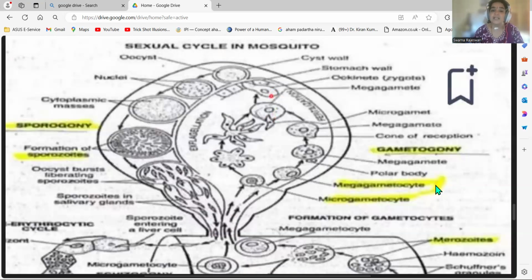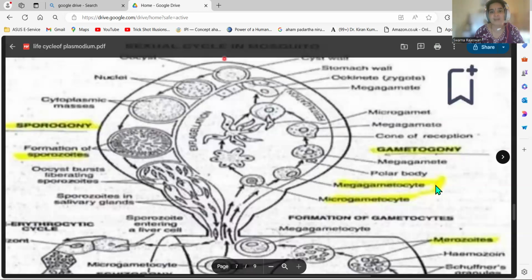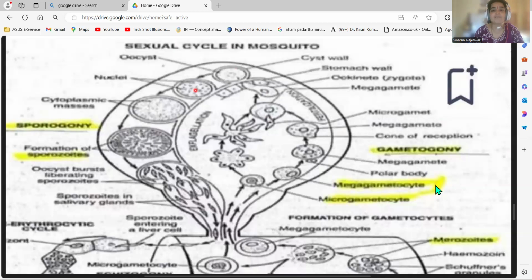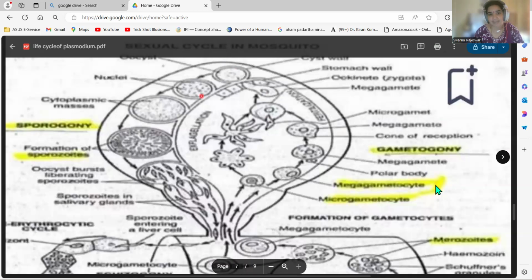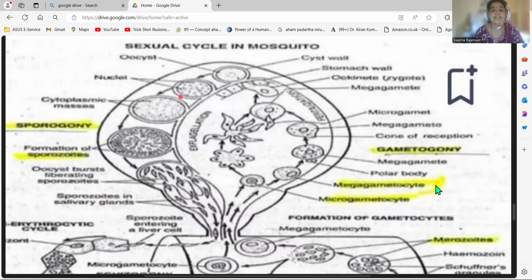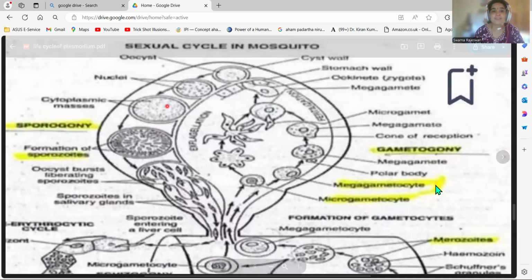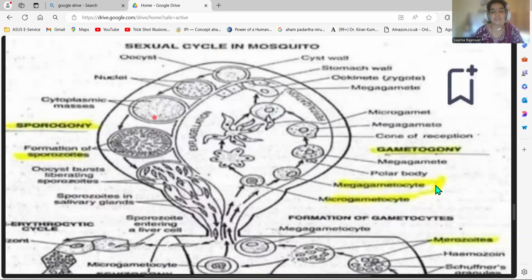Okay. So here the zygote is formed, which develops a small structure-like thing, which we are calling it as ookinite. This ookinite pierces and comes and sits on the top of the crop wall and secretes a small cyst wall around it. We call it as oocyst. The nuclei of the oocyst divides by mitosis and forms small nuclei surrounded by the cytoplasm. We call the entire structure as sporocyst, and each sporocyst contains those small nuclei which are surrounded by cytoplasm, which we call sporozoites.